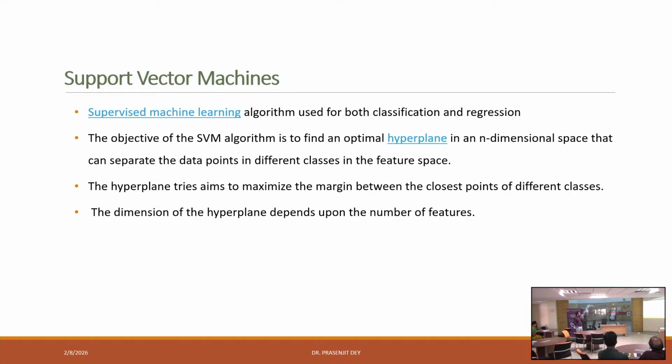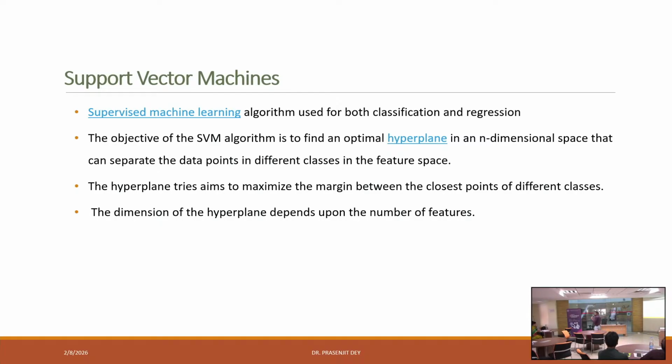So the objective of the support vector machine algorithm is to find the optimal hyperplane in n-dimensional space that can separate the data points of different classes in the feature space. If the data is two-dimensional, a straight line should be able to separate them.